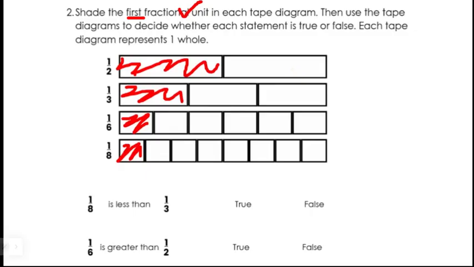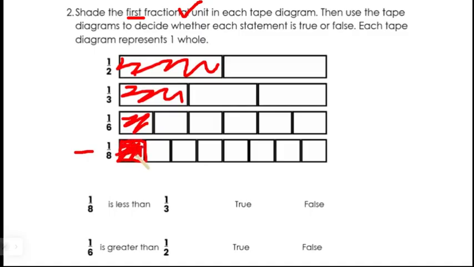Then it says, then use the tape diagrams to decide whether each statement is true or false. So I'm going to look at these statements, and I'm just going to circle if it's true or false, okay? So it says 1/8 is less than 1/3. So let me just find my 1/8. It's right here. 1/8 is this one right here. So we're looking at the part that we shaded, right?